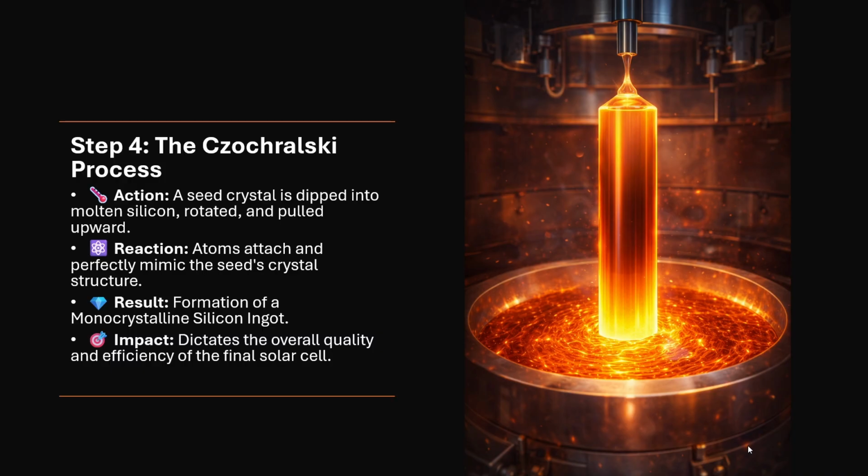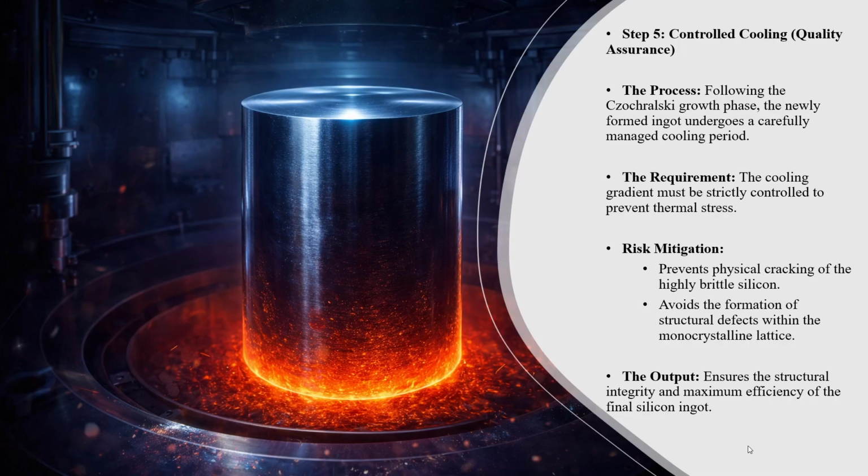Proper cooling ensures a high quality silicon structure. If you see the earlier picture, it looks reddish. Right now in this image, the ingot is completely cooled down. After this step, the ingot moves to ingot shaping.